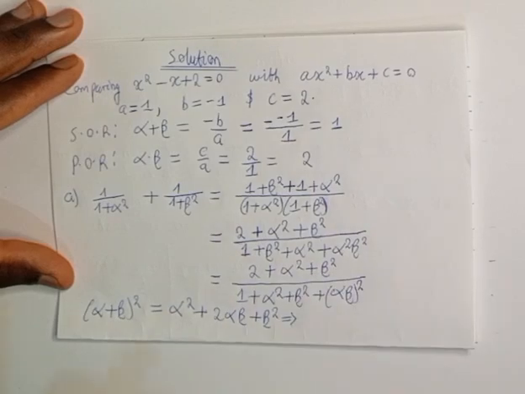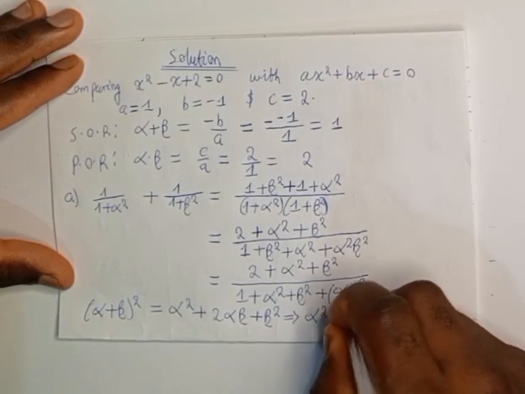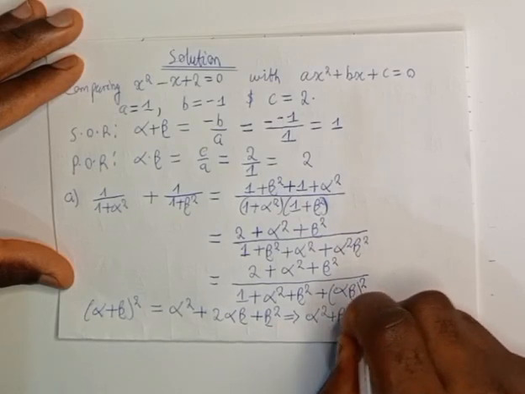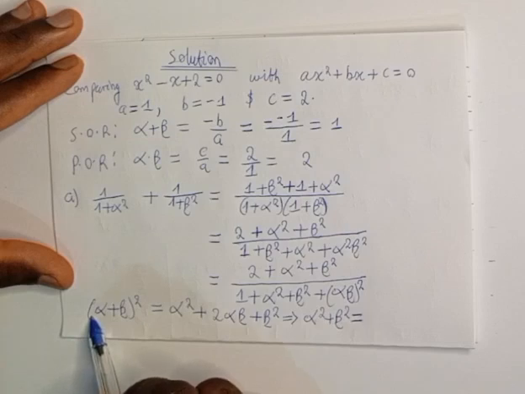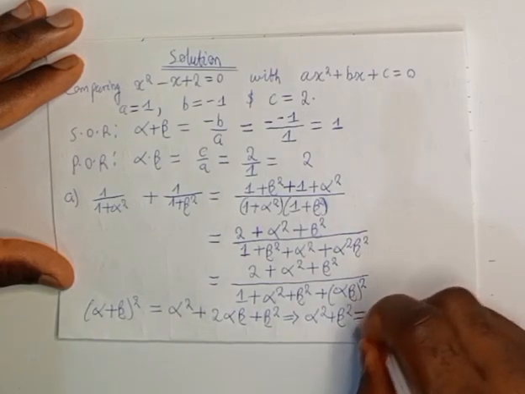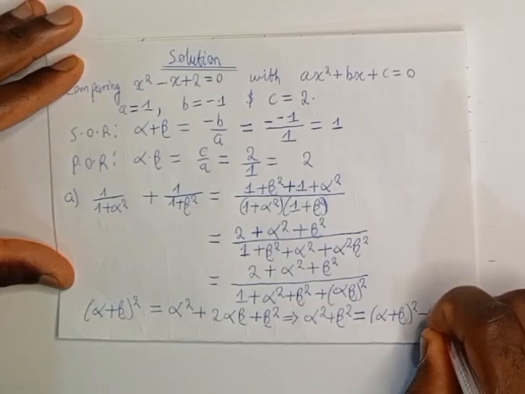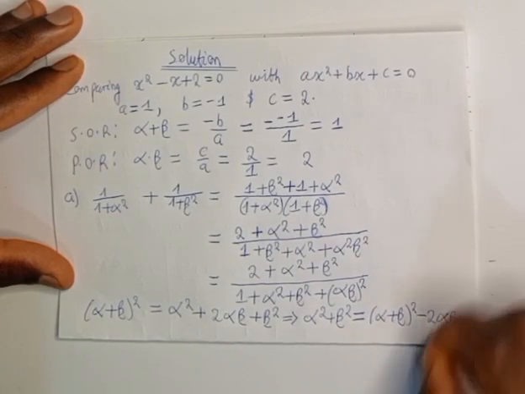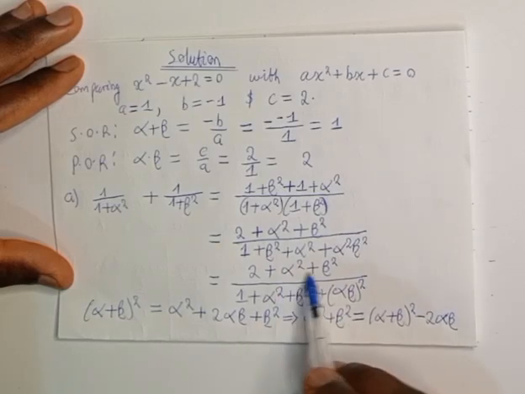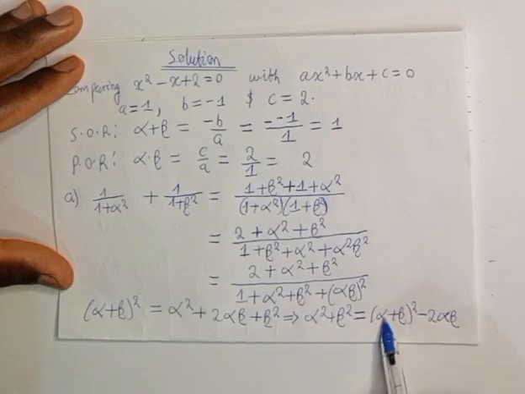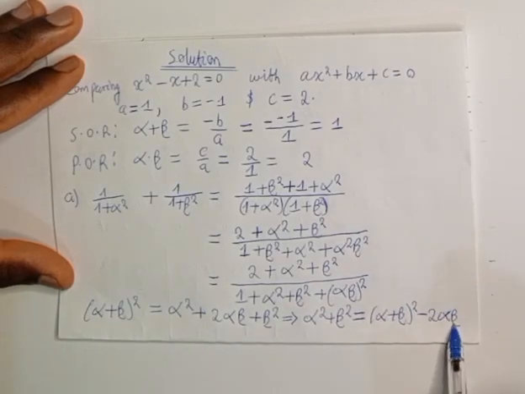Then, if we make alpha squared plus beta squared the subject, the usual formula, alpha squared plus beta squared will simply be equal to, we carry 2 alpha beta to the left hand side, and this will give us alpha plus beta, all this squared, minus 2 alpha beta. We are going to replace alpha squared plus beta squared at the numerator and at the denominator with alpha plus beta squared minus 2 alpha beta.